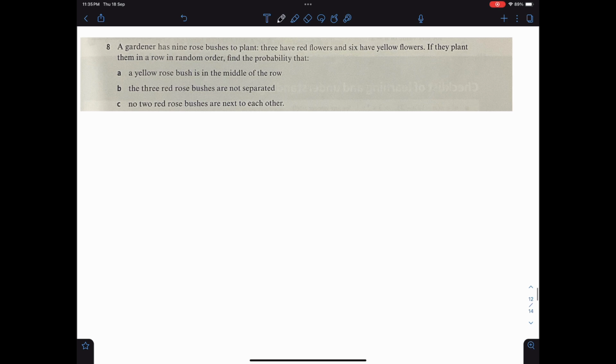Okay, back to roses. Probability that a yellow rose is in the middle of a row. Okay. So we've got 1, 2, 3, 4, 5, 6, 7, 8, 9. We want this to be yellow. Well, I would say that there are 6 ways to achieve a yellow middle bush, and then you would just arrange the rest.